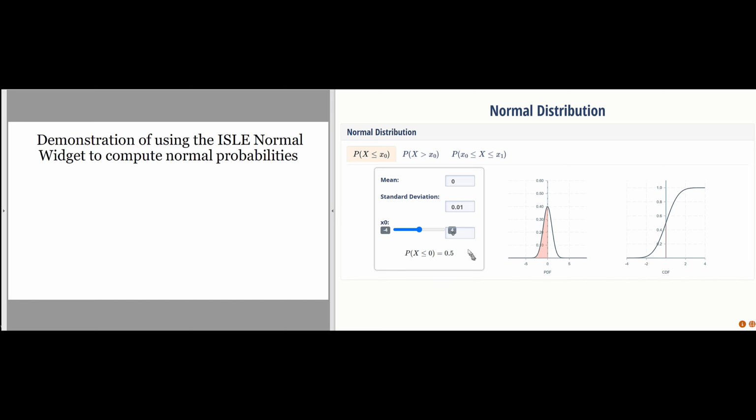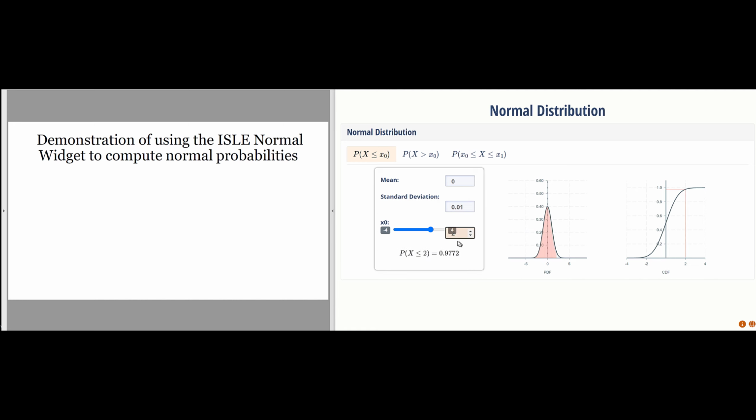Now, if we ask, let's increase our x0 up to a value of, let's say, 0.1. That has moved over a little bit to the right. Let's increase it to 2 standard deviations instead.